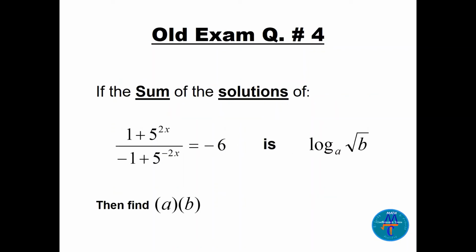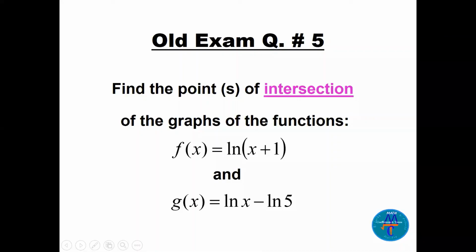If the sum of the solutions of this equation, (1 plus 5 to the power 2x) divided by (minus 1 plus 5 to the power minus 2x) is equal to minus 6, is this one here, log base a of square root of b, find a times b. Now question number 5 is find the point or points of intersection of the graphs of the functions f and g. So try that, please.